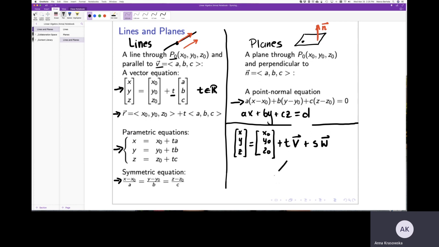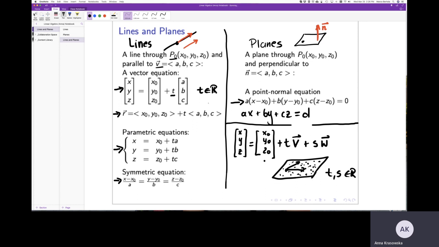So we can think about a plane having an initial point and two vectors along it, not perpendicular. Normal was perpendicular. If V and W are parallel to the plane, contained in the plane, then by choosing different values for t and s, you can generate every point on that plane.